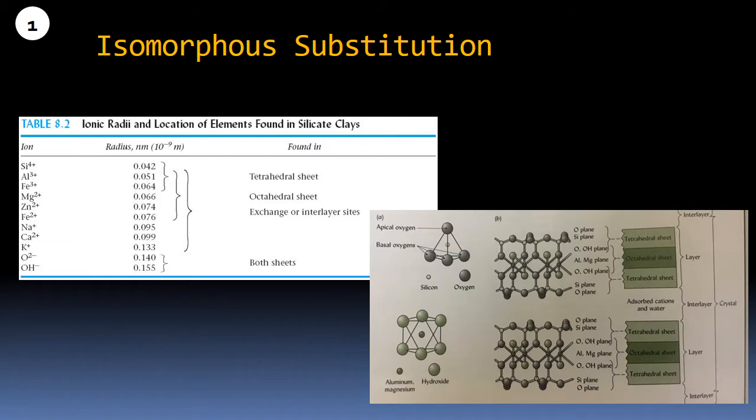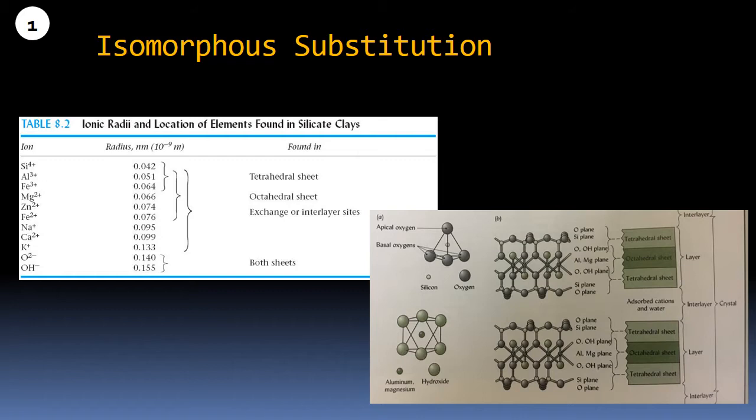But as I said, this process, isomorphic substitution, requires that you change the central atom at the center of the tetrahedron or the octahedron with something that has almost the same size, but a lower charge, and at the end of the day it ends up increasing the negative charge.